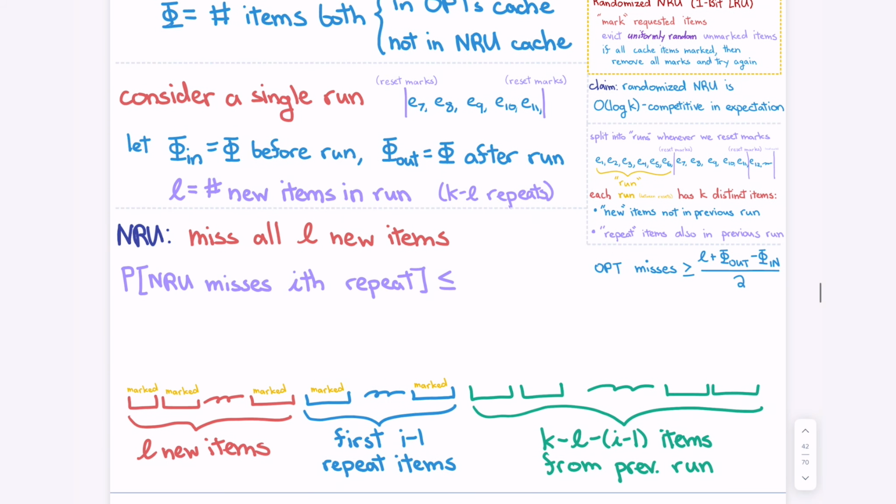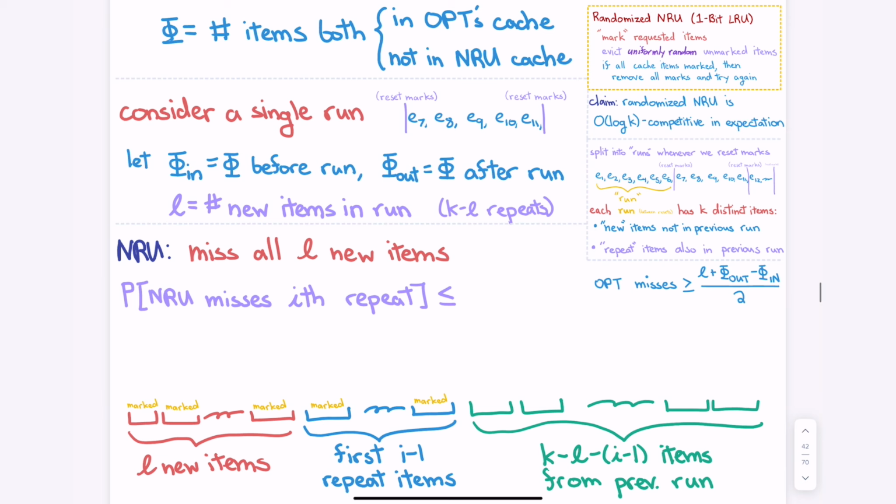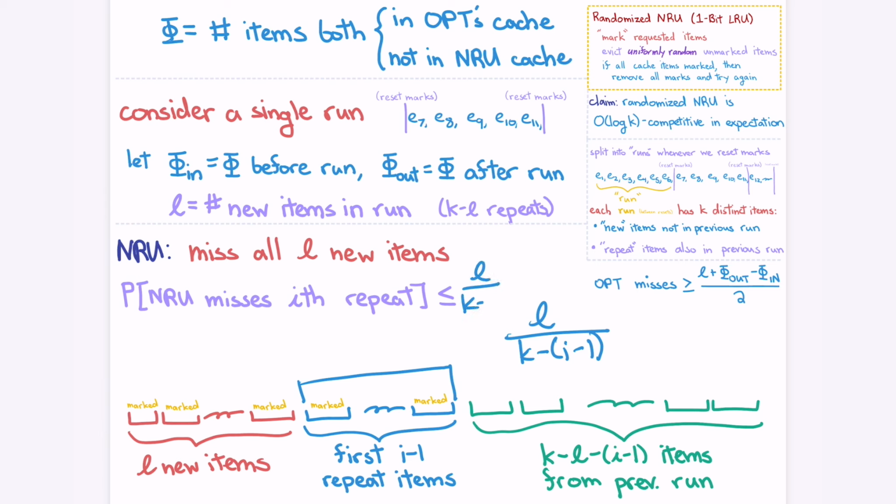And on the ith repeat, out of the K minus i minus one items, these items have to be in your cache, the first i minus one repeat items. And out of these, L of them are kicked out uniformly at random by the new items. Okay, I made the same mistake last time I taught this.